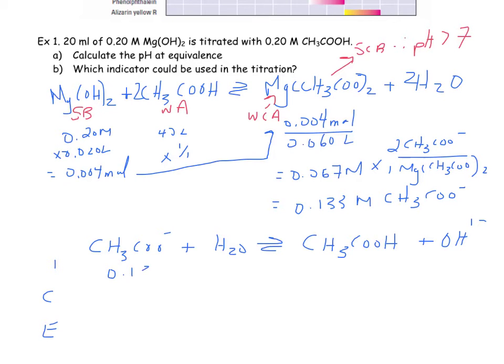From my stoichiometry above, I know the initial concentration is 0.133. And because I'm at equivalence, there will be no acetic acid initially in my system. If I find the concentration of hydroxide at equilibrium, I can change that into pH.